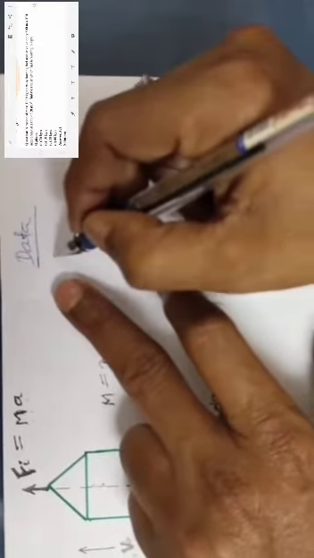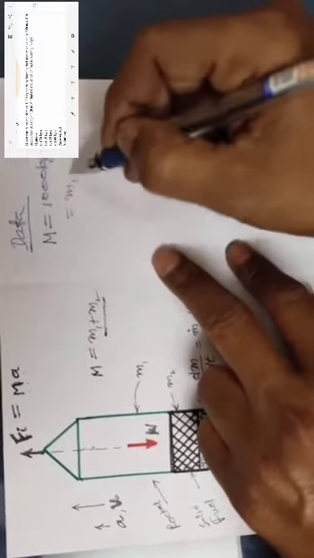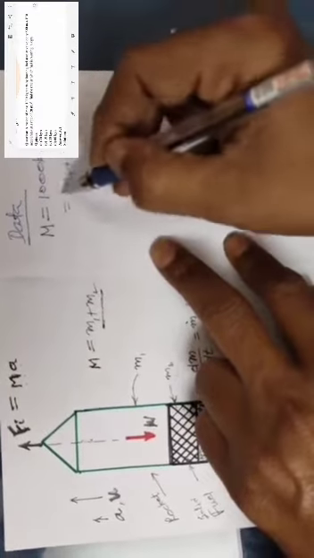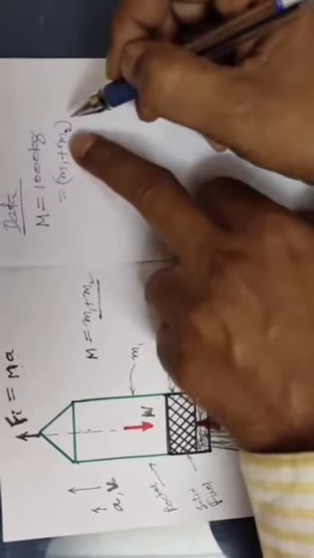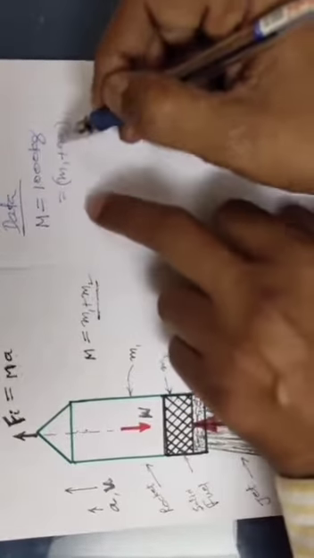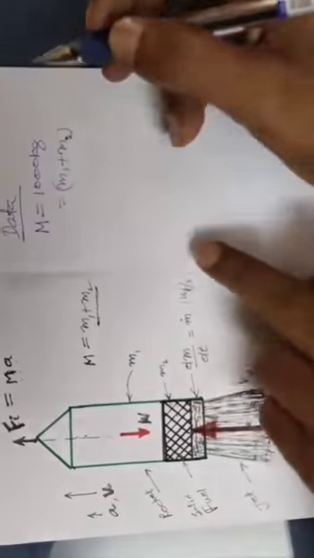In this problem, data has been given. The mass of the rocket is 1000 kg. That means it is m1 plus m2, the empty rocket mass and the unburnt fuel mass summing to 1000 kg.